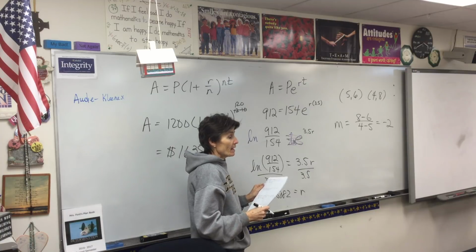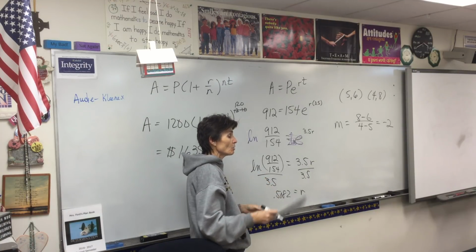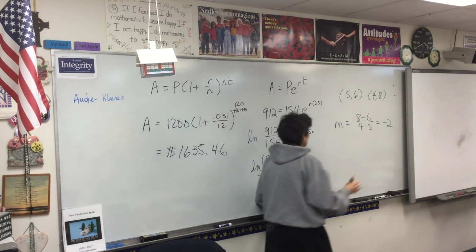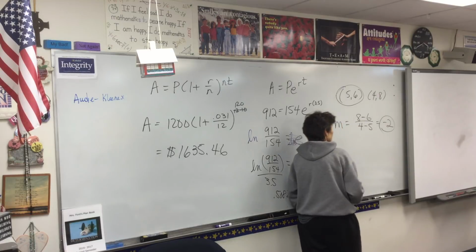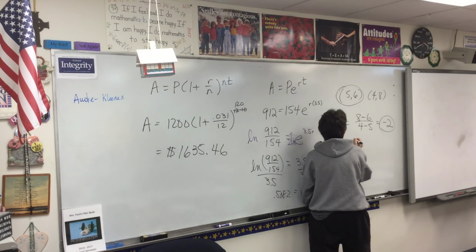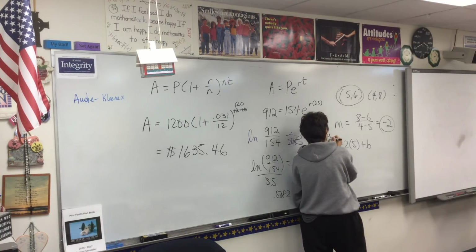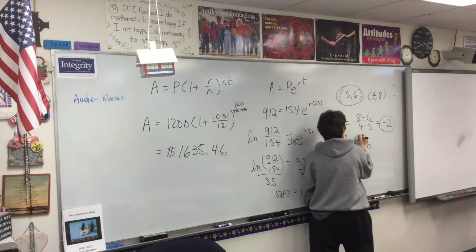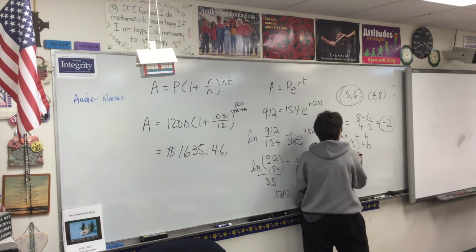Right? And then you decide how you're doing it, whether you're doing point slope or slope intercept, I don't care. But you pick a point and you use that slope and you go for it. So 6 equals -2 times 5 plus b, if you're doing y equals mx plus b. So 6 equals -10 plus b.